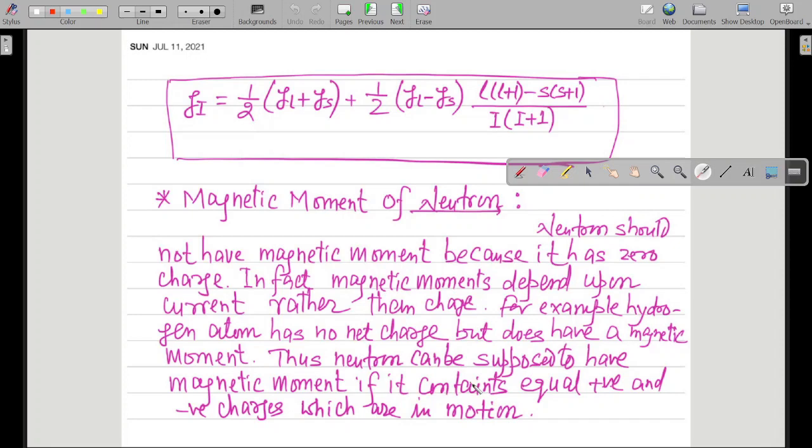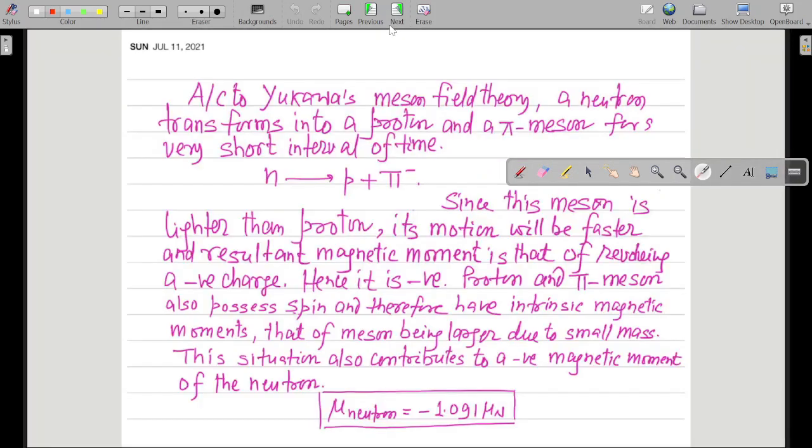Still it has magnetic moment because it constitutes current. Similarly we can consider neutron to be formed out of equal positive and negative charges which are in motion. So neutron, although it has net charge 0, can still be supposed to have magnetic moment, right?